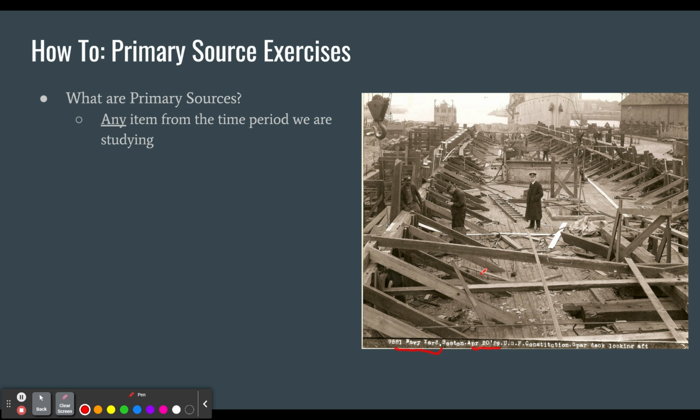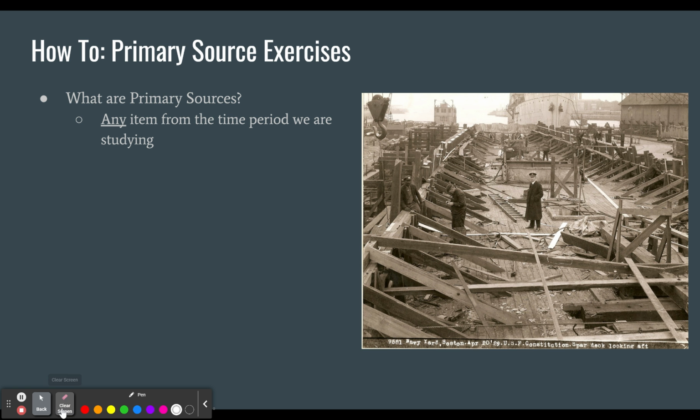And if you notice, let me clear this screen here really quickly, and use a different color. But if you notice, it's clearly under construction, right? I mean, if you notice all of this wood here and there scattered about, just a few men around, either something has happened to it or they're rebuilding it.